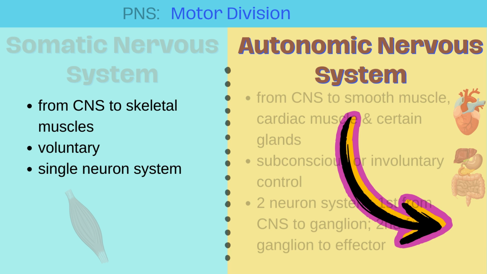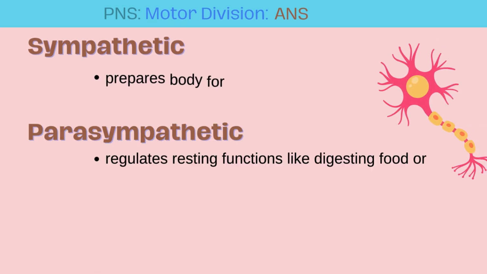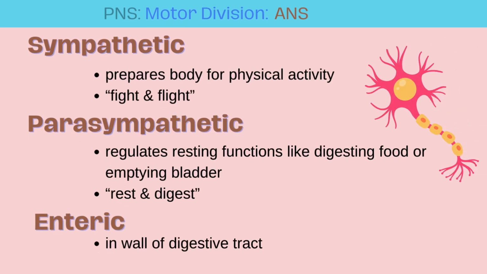Now, the autonomic nervous system is also subdivided. The autonomic nervous system is divided into the sympathetic, parasympathetic, and enteric nervous systems. All three of these will be discussed more fully in later chapters.